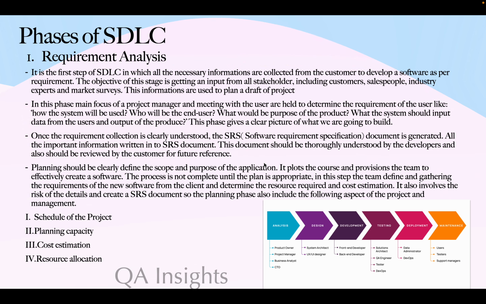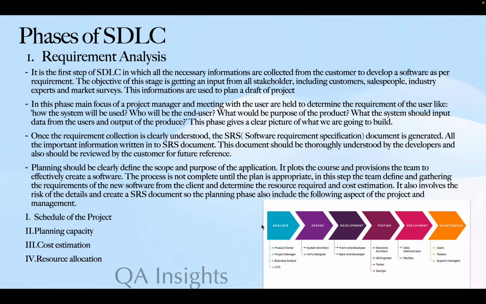Who performs all of this? The product owner, project manager, and business analyst, or sometimes the CTO, are also involved in this phase, and all this information is prepared in the analysis phase.